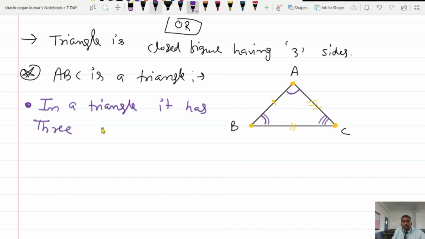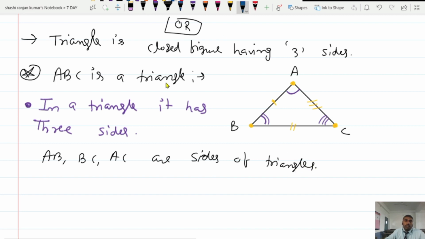Here AB is one side, BC is the other side, and AC. These are the sides of the triangle.